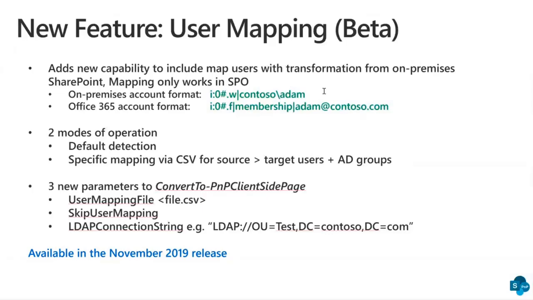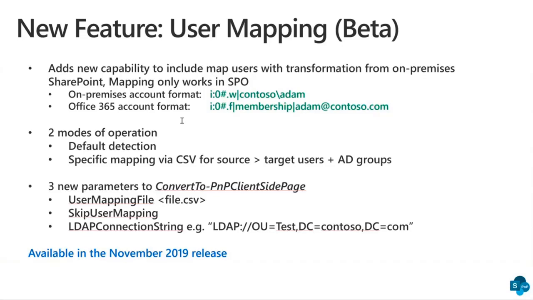This is specifically when you're using the item metadata, item permissions, or if you've got contact controls within the actual page. There are two modes of operation within the new feature. There's default detection. I've got a little video later about how that works. There's also specific mapping via CSV, so you can explicitly set which source user accounts target which users. This also covers AD groups.